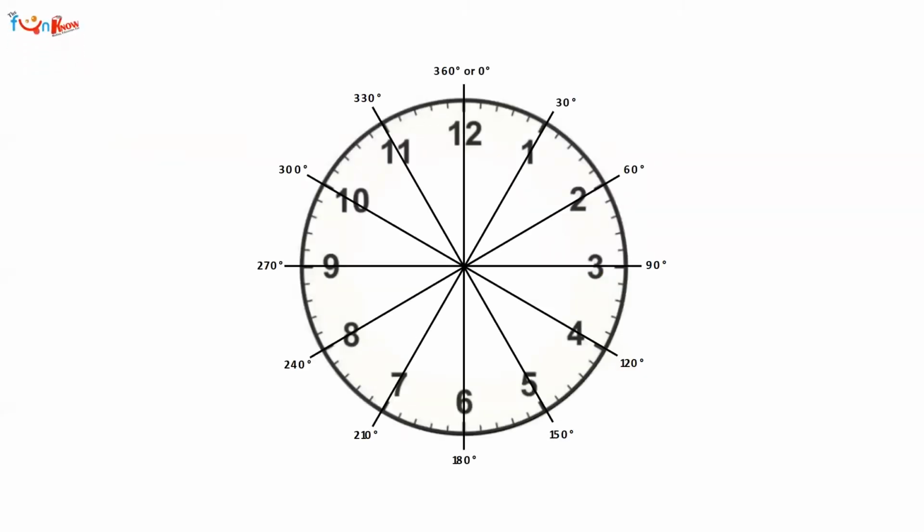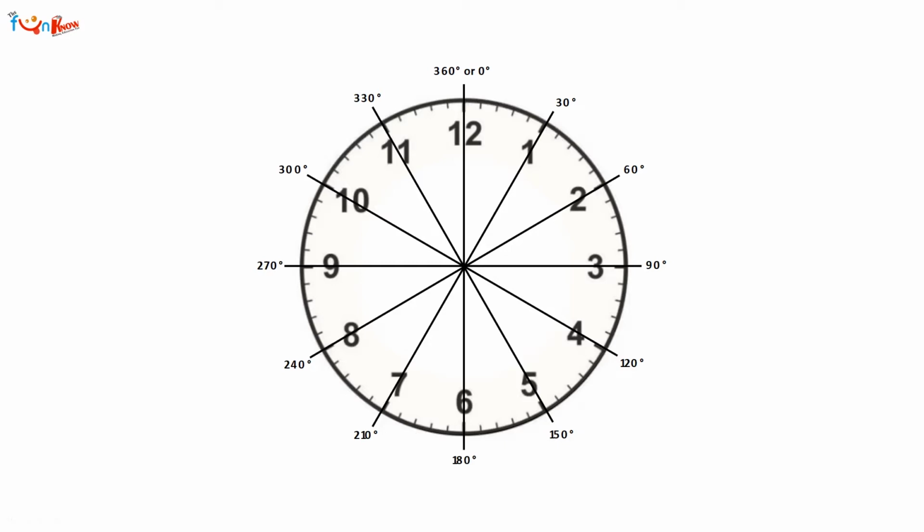As we already know, the cumulative sum of all the angles within a circle is 360 degrees, and most of these analog clocks are circular. So the sum of all the angles made within the circle is 360.